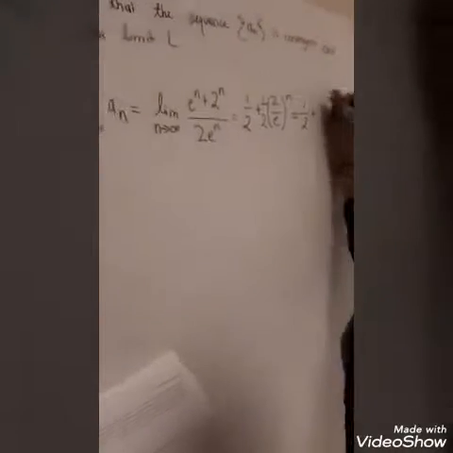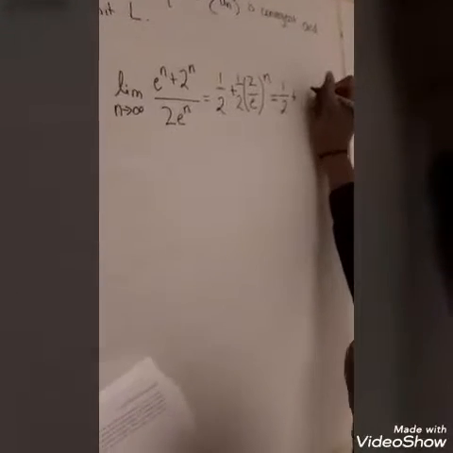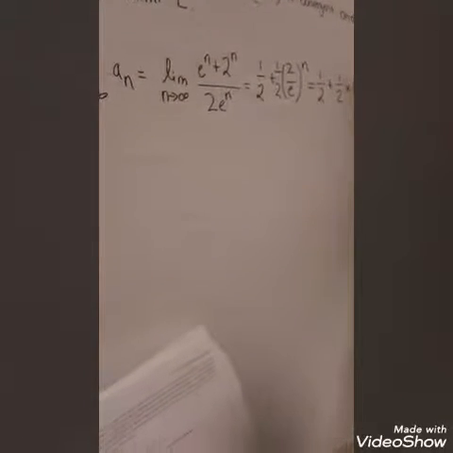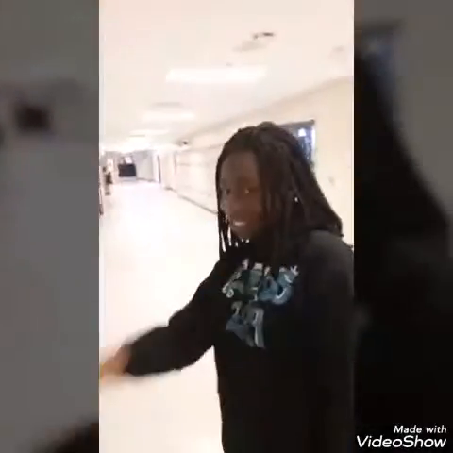There we go. And if we look as n approaches infinity of 2 over e, it's going to become a really, really small number, which is essentially just 0. So we can rewrite this as 1/2 plus 1/2 times 0.